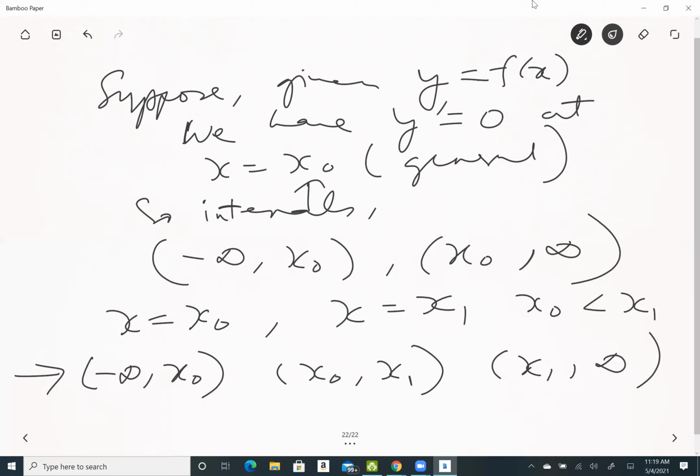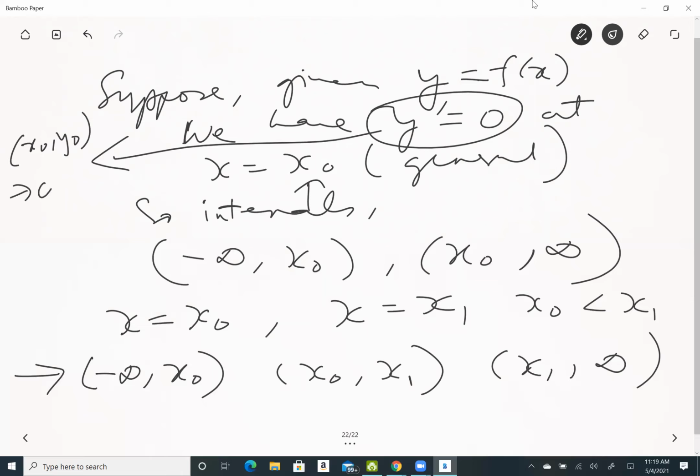The point where y prime equal to 0, let's say at x0, y0, we call it a critical point. But sometimes you just consider the x0 only. The x is more important than the y. Of course, y is important, but in order for you to break out the intervals, you need only the value of x.